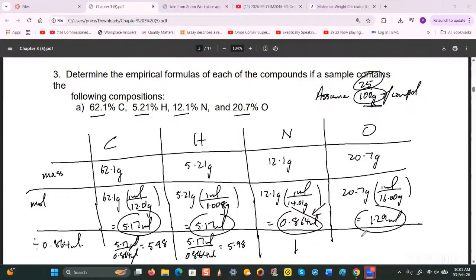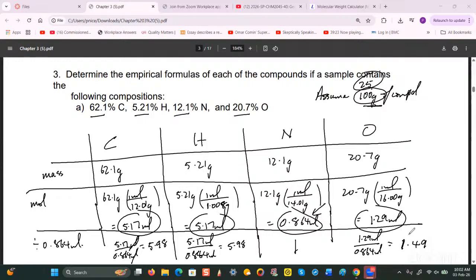And then here, we're going to have 1.29 moles divided by 0.864 moles. So let's see what that gives. 1.29 divided by 0.864. And for this, rounded off to 3 sig figs, I got 1.49 as the answer for that part, right? Okay.